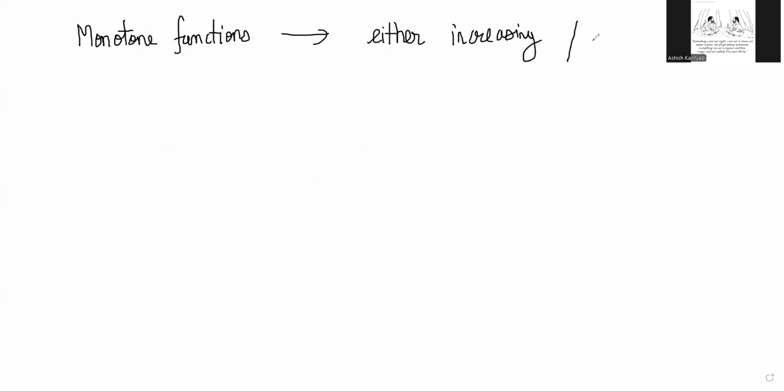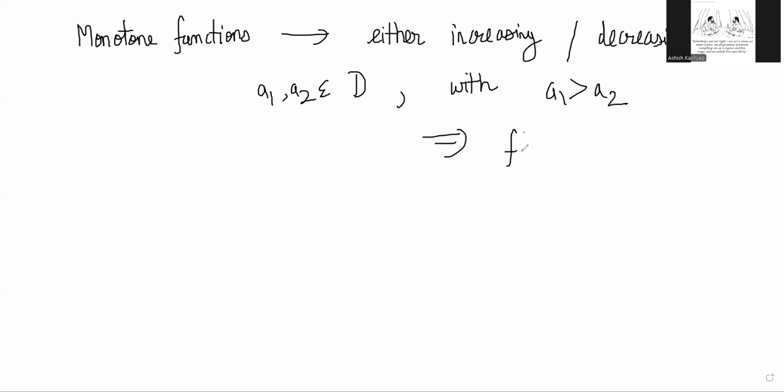Before we end the class, we'll talk about a couple more concepts, which is monotone functions. Monotone functions are basically functions that are either increasing or decreasing. So the definition of increasing and decreasing functions goes like this. If A1 and A2 belong to the domain and we have A1 greater than A2, that implies f of A1 is greater than or equal to f of A2.